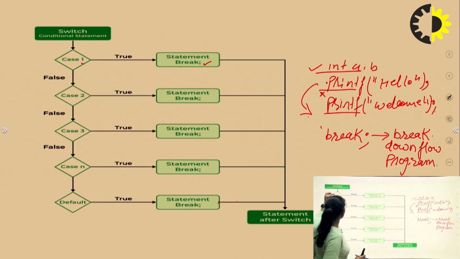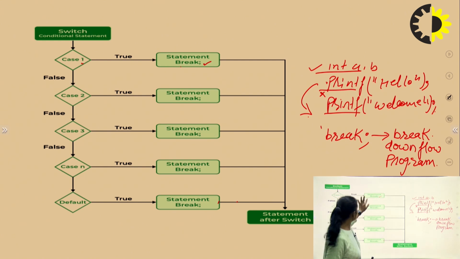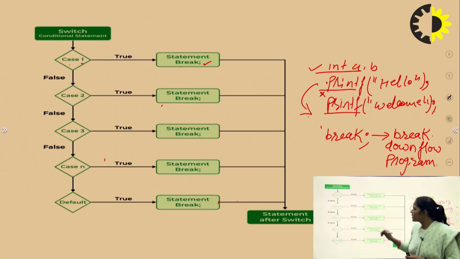If one case matches the given input, the main purpose of the program is successful, so the other statements are not executed, because I am providing a particular choice. Either case 1 will be executed, or case 2, or case 3. Among all the cases, I just want to execute only one case of the program, right? So this is the basic purpose of using the break statement.